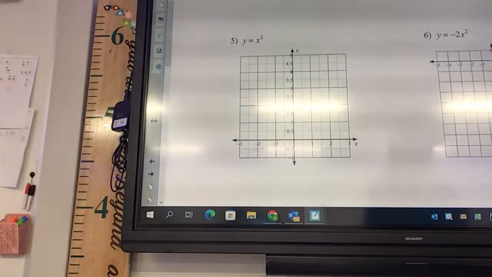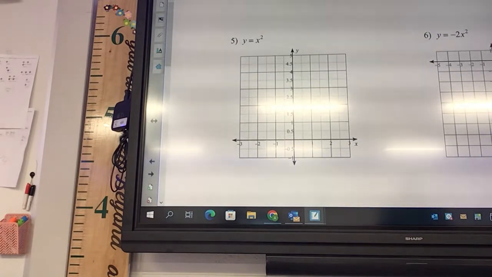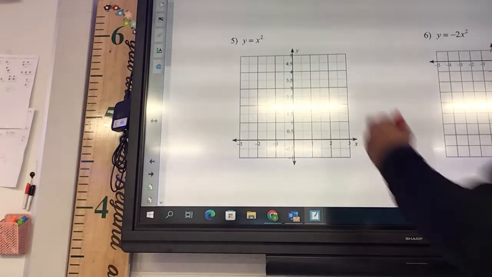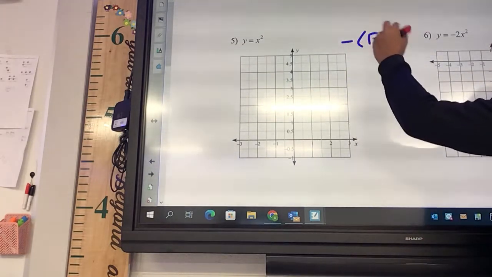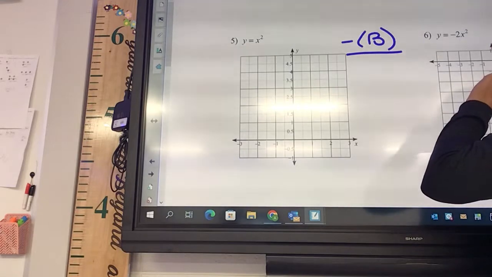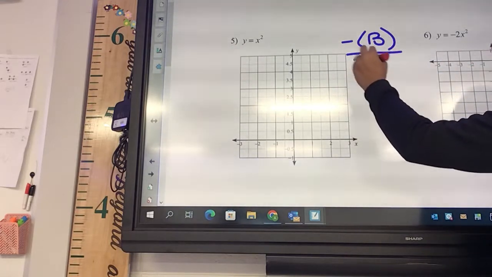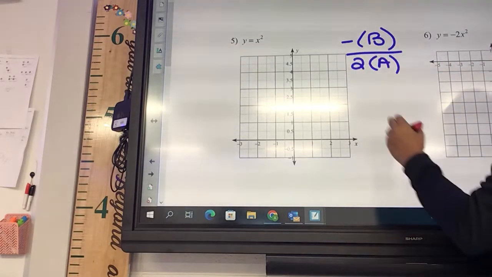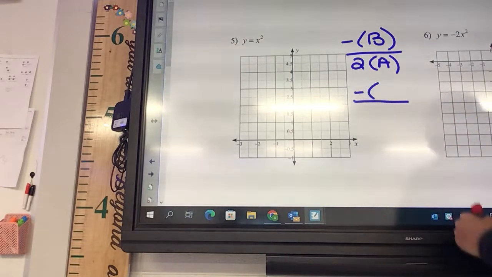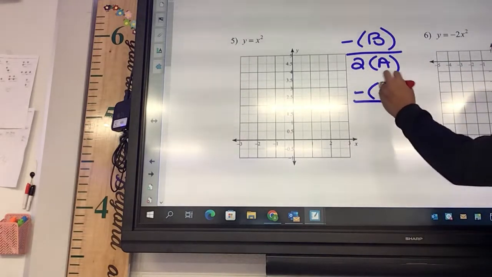Okay, 5. Look at 5. If you're not on 5, get on 5. Okay, 5 and 6 look a little bit different. We're still going to use our formula. Negative b over what? 2a. Now what is our b? 0. There's nothing there, so it's going to be 0.